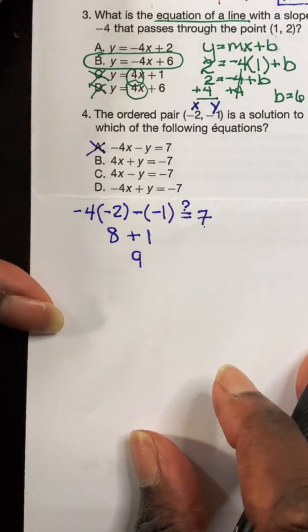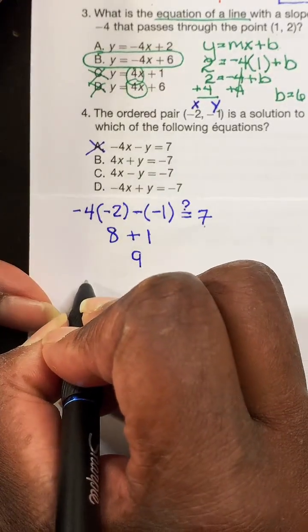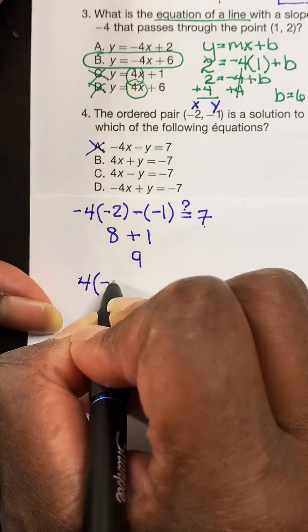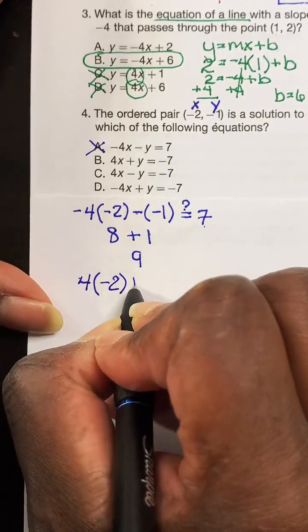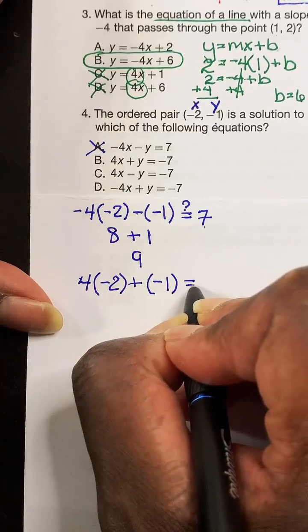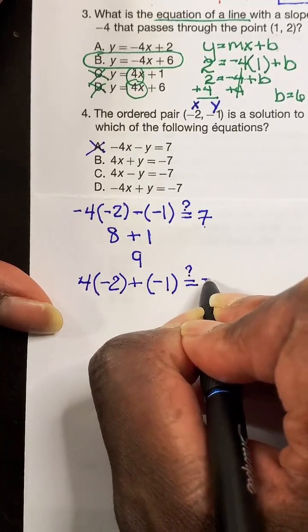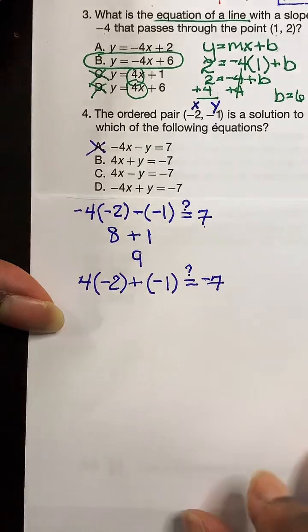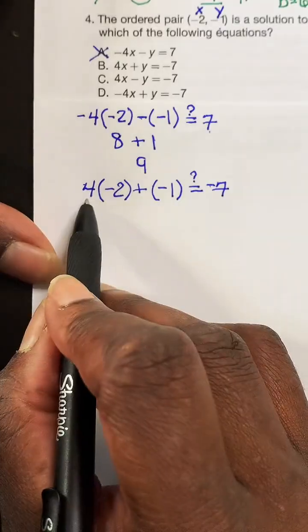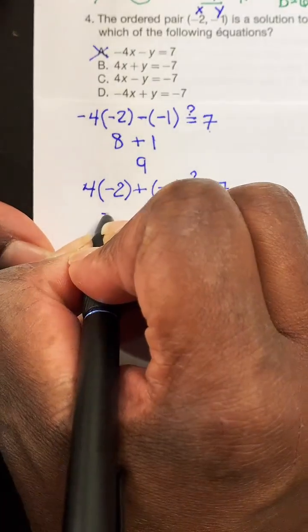So if I plug in, for the next one we have 4. My X is a -2, plus my Y, which is a -1. And this time I want to see, does it equal -7? So 4 times -2, that gives me a -8.